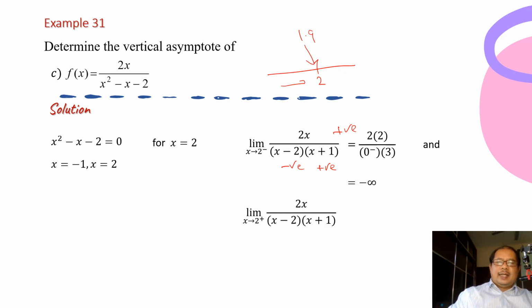And then the limit as x approaches 2 from the right. From the right here, we take 2.1. 2.1 times 2 is positive. 2.1 minus 2 is positive. 2.1 plus 1 is positive. So you get the answer positive infinity.